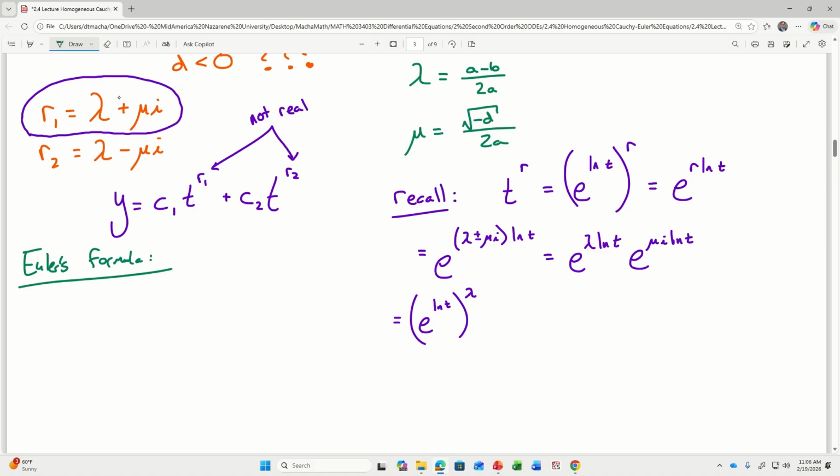That really cool result. What is e to the power i theta, according to Euler?